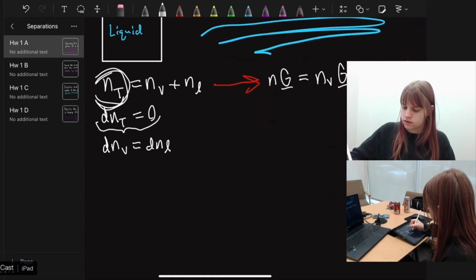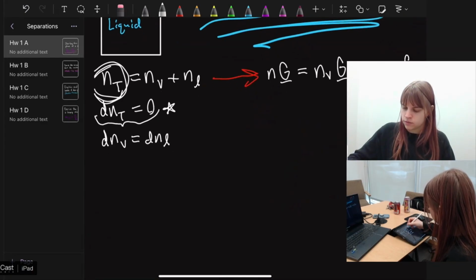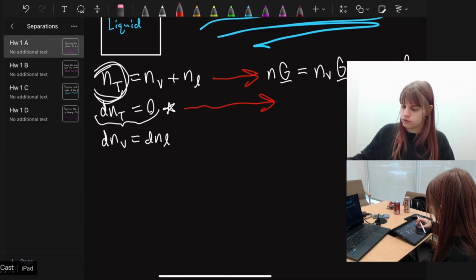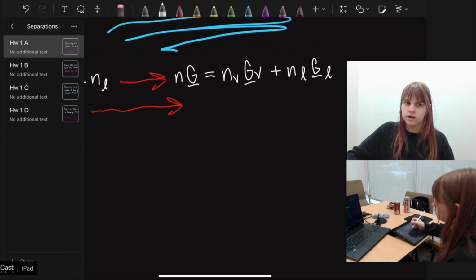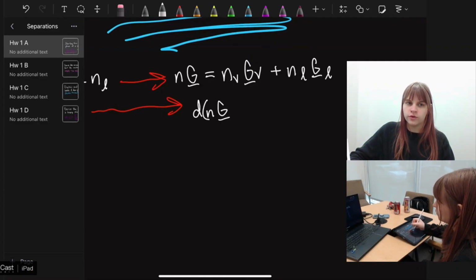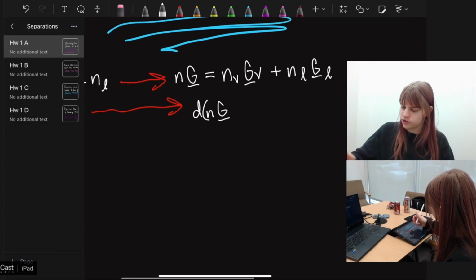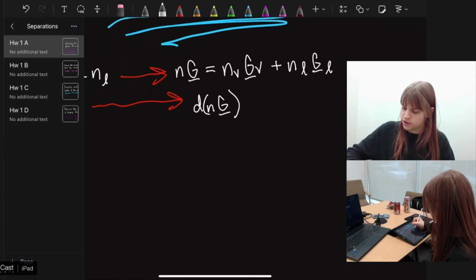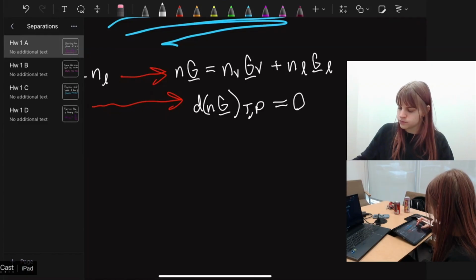And as I said right here, the more correct way to write this would be the change in total moles times the total Gibbs free energy at a constant temperature and pressure is equal to 0.